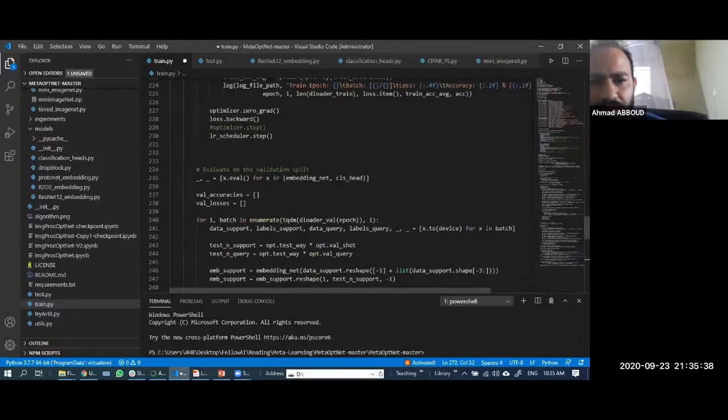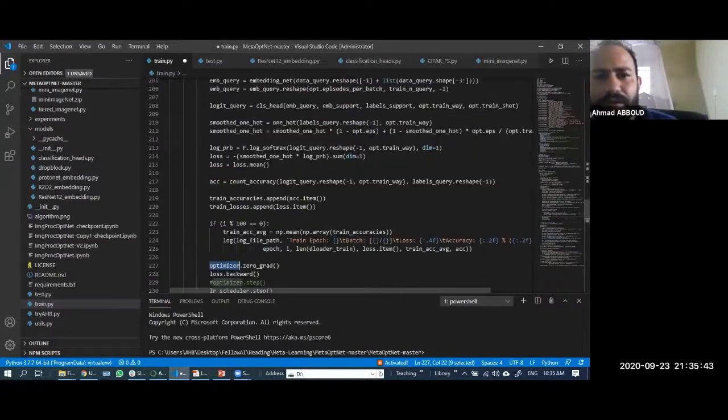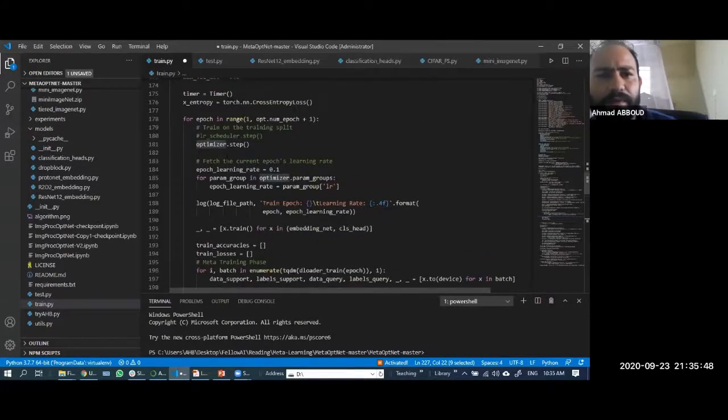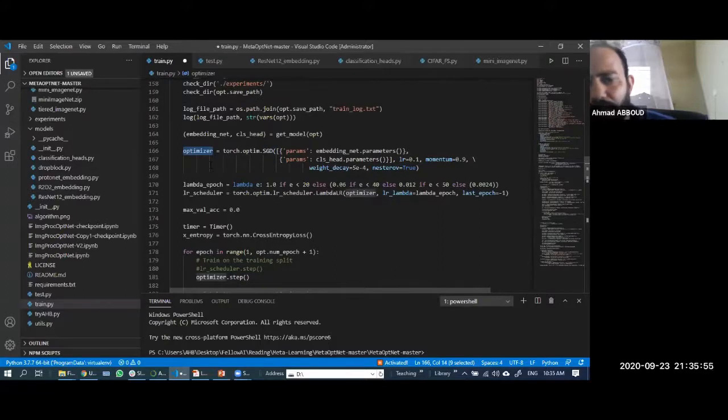As you can see here, the optimizer that is used is an SGD optimizer. The optimizer takes the parameters of the embedding model and the parameters of the head model, with a starting learning rate of 0.1, and there is a multi-step schedule for the learning rate.